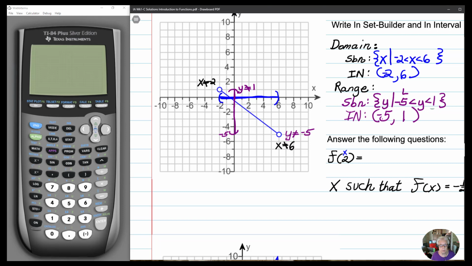Watch what I do. I come to 2, it's +2. On the x-axis, I go down to the graph, and then I go over to the y-axis and see what that number is. That number is -2.